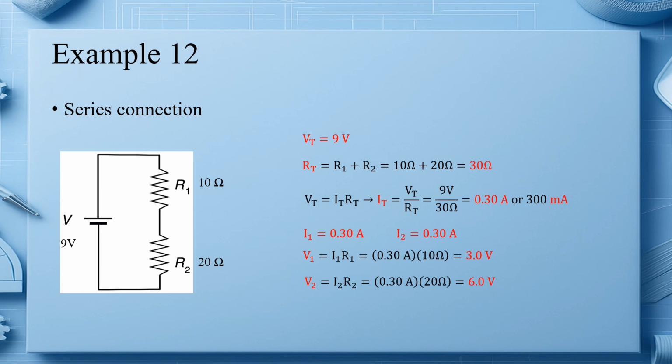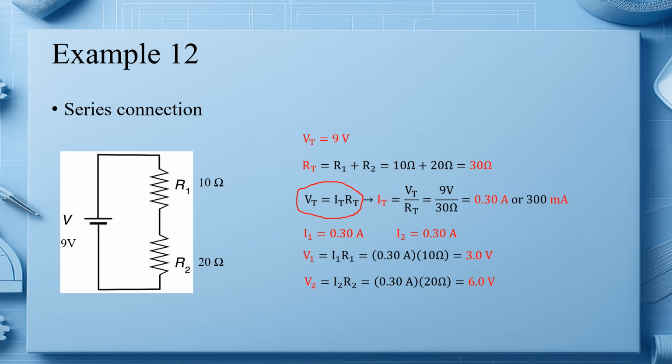For example, for a series connection, the voltage source is 9 volts, R1 is 10 ohms and R2 is 20 ohms. Based on the formula, the total resistance is R1 plus R2, which is 10 plus 20, so we have 30 ohms. For the total current, we use Ohm's law: IT equals VT over RT.